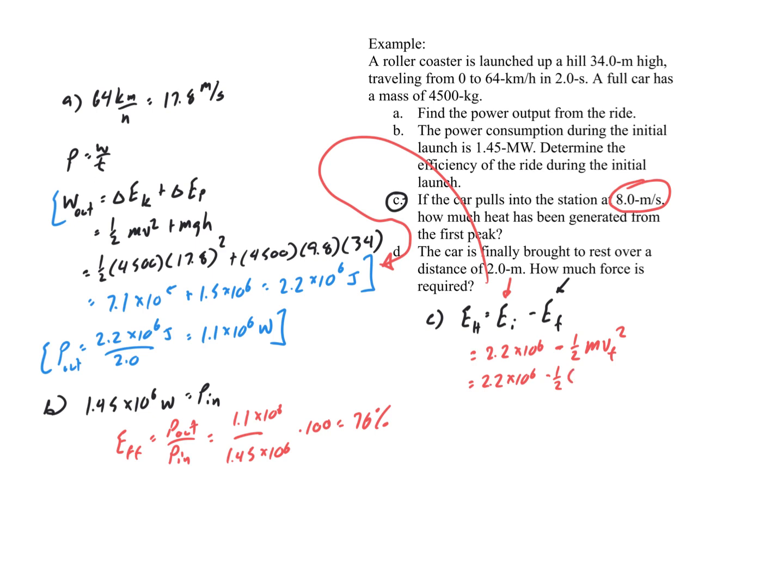My mass is 4,500. Here's my velocity. So the energy loss due to heat, once I crunch my numbers, is about 2.06 times 10 to the 6 joules. I'm just going to make a note here, lost to heat, right? He was going slower than he should have.